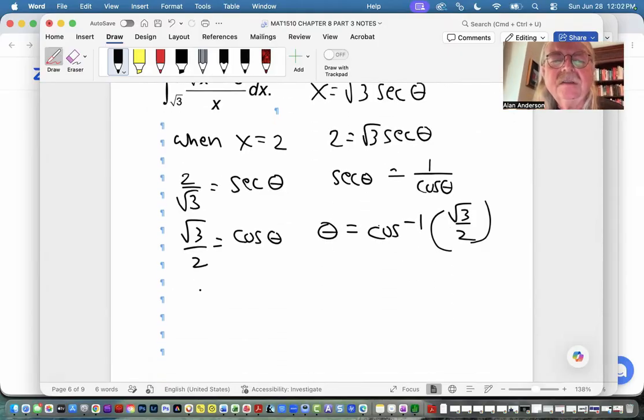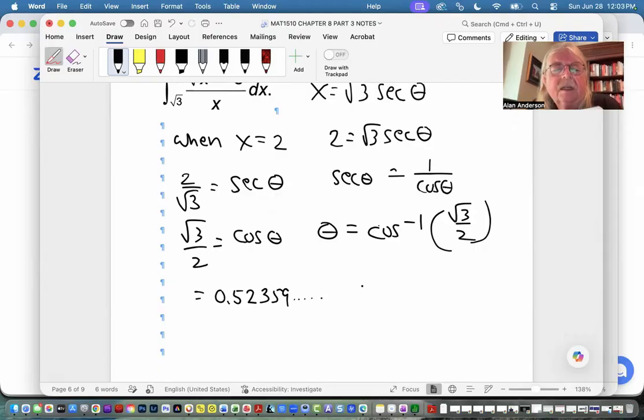The calculator is going to show decimal equivalents. And you might say, well, what is going on here? What is that supposed to be? But if you take a look at pi, you'll realize that that number is equivalent to pi over 6.